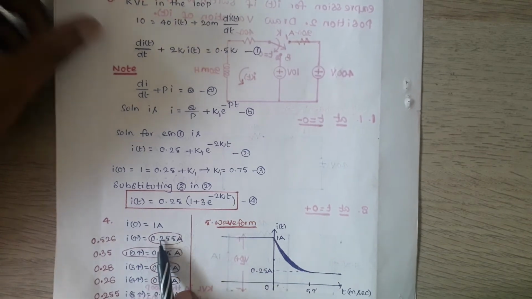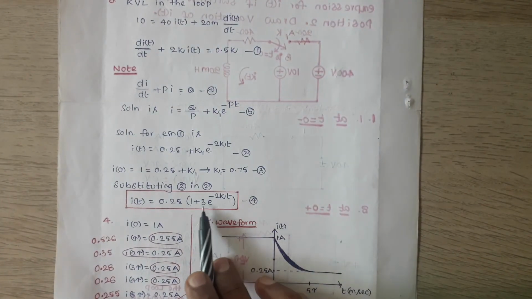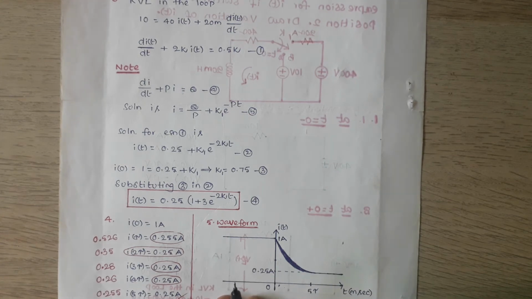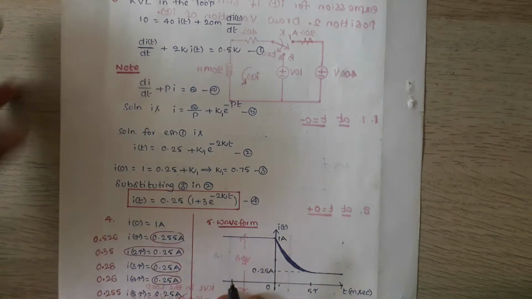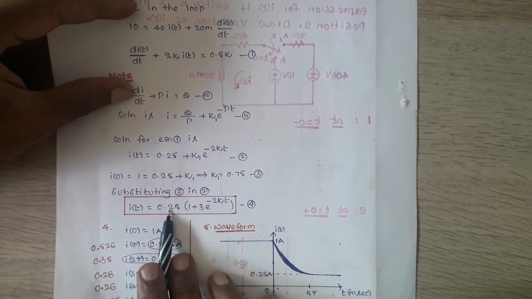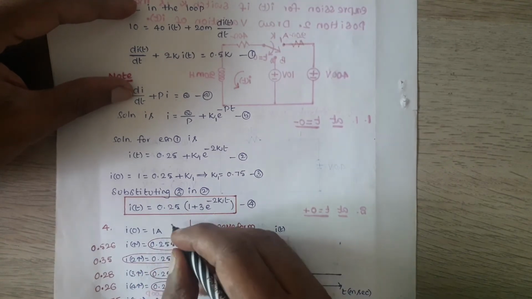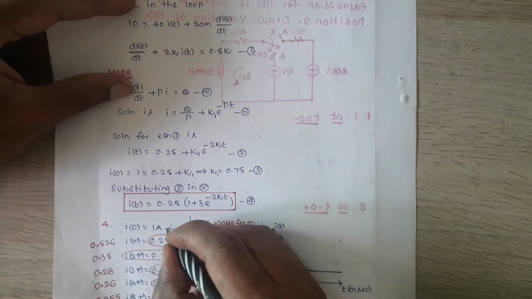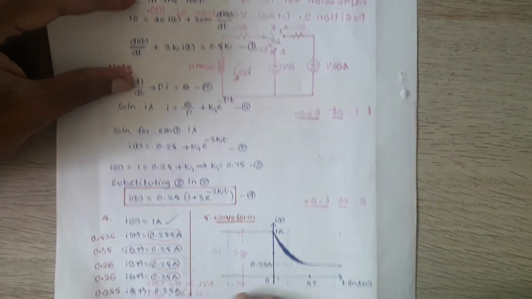You can write this as 1 plus 3 e power minus t by tau form. If you substitute t equal to 0, e power 0 is 1, 3 plus 1 is 4, 4 into 0.25 is 1 ampere. So at t equal to 0, current in the circuit is 1 ampere.